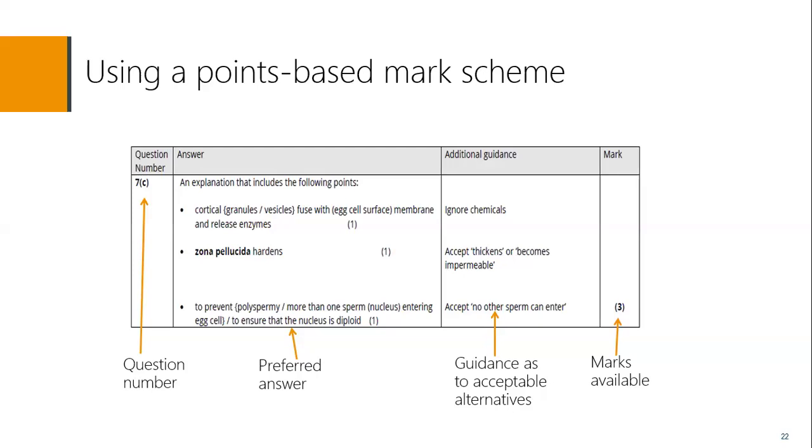There may be a number of options for a particular marking point, and sometimes guidance is provided as to what alternative wording is acceptable. In general, in a points-based mark scheme, each marking point is a standalone mark. This means the candidates don't have to gain the first mark in order to gain the second mark, and so on.